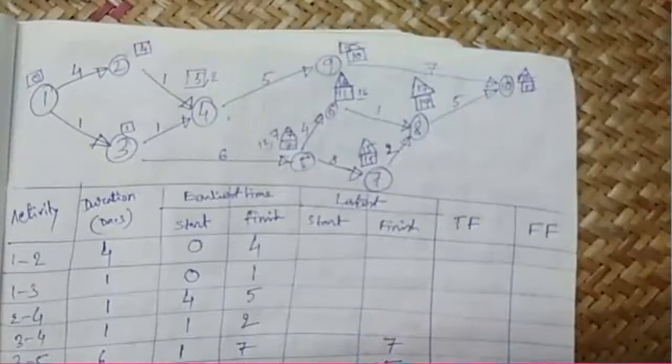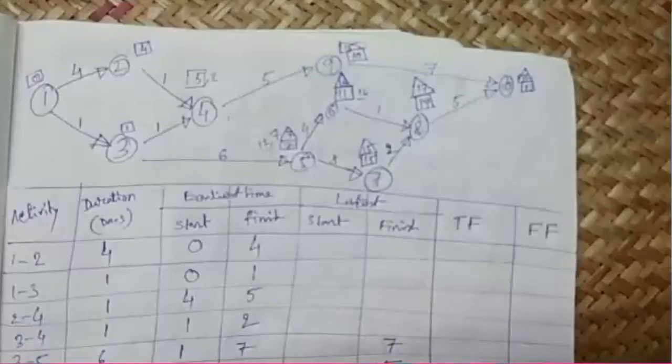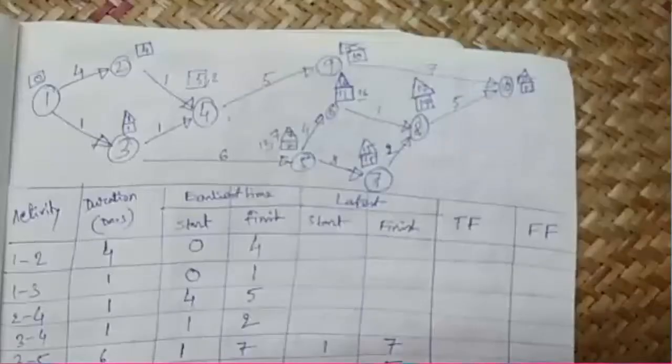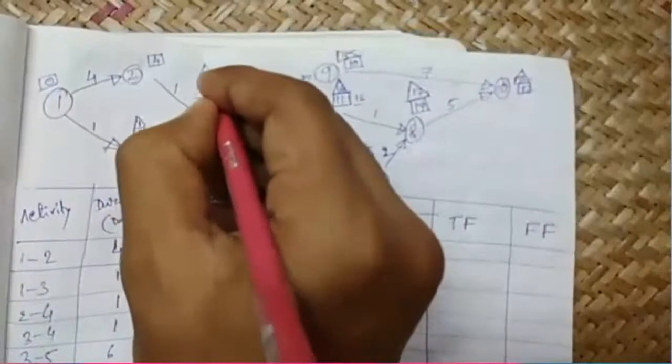So the latest start will be 7 minus 6, that will be 1. So here on the triangle we will write 1, and on 4 9, we will write on the triangle 15 minus 5, 10.